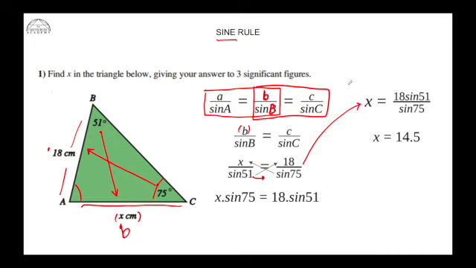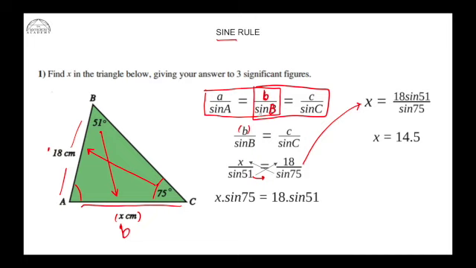So in terms of when should I use the sine rule, you want to check two things. The first thing you want to check is if it's a right angle triangle. So it's not a right angle triangle, okay, good. Next thing is, are there two sides and two angles involved?